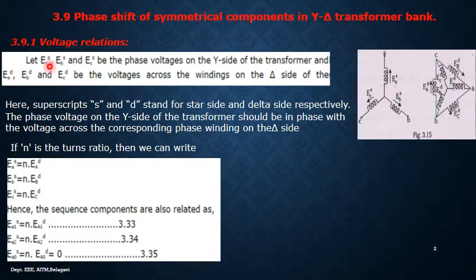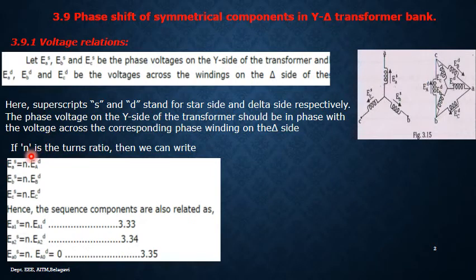Let us consider EAS, EBS and ECS as the phase voltages referred to the star side, and EAD, EBD and ECD as the voltages referred to the delta side of the transformer. The superscripts S and D represent the star side and delta side respectively.